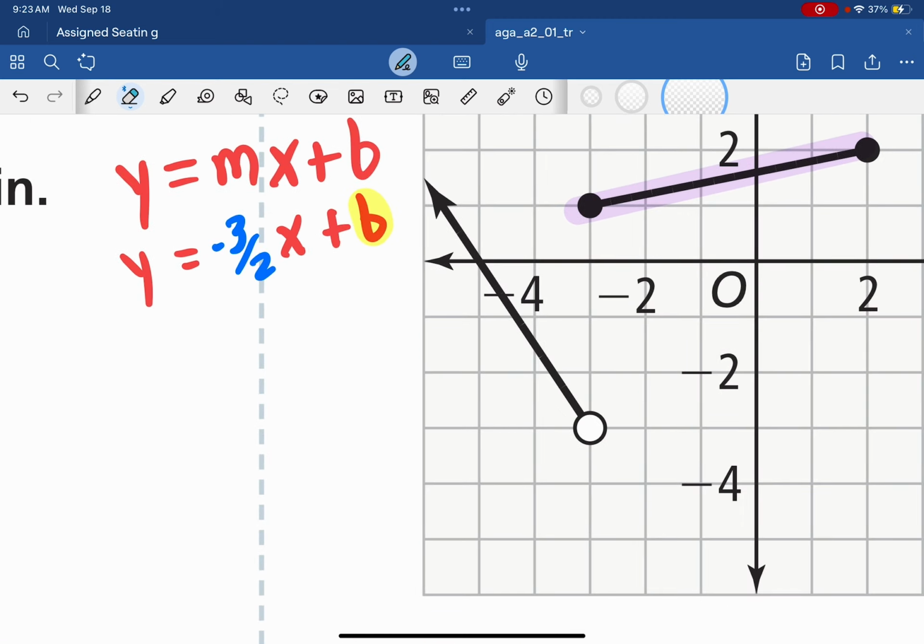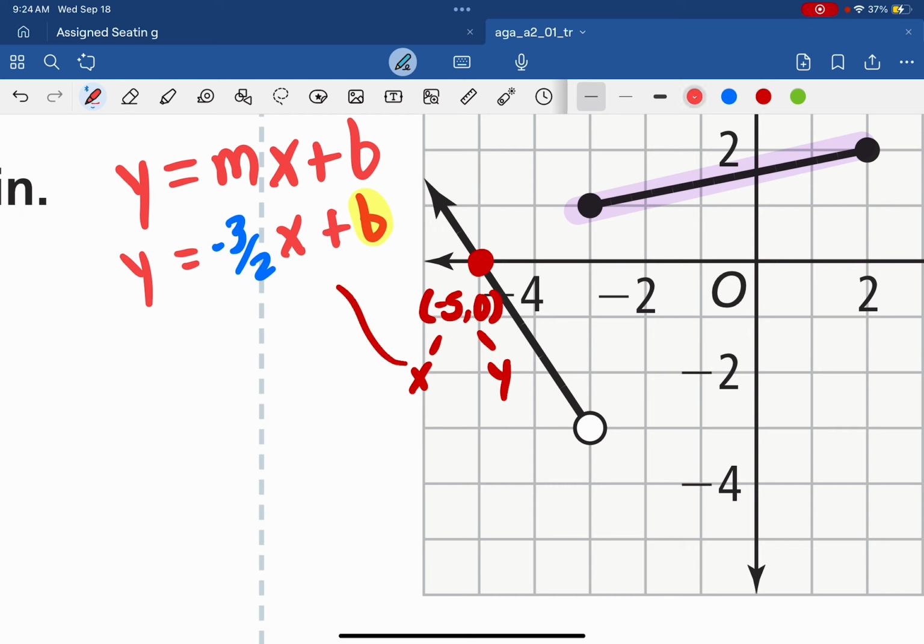Okay. So in order to figure this out, I'm going to pick a random point on my line. So I'll pick this point. This point has an x coordinate of -5 and a y coordinate of 0. -5 will be my x, 0 will be my y, and I'll just plug these values in.